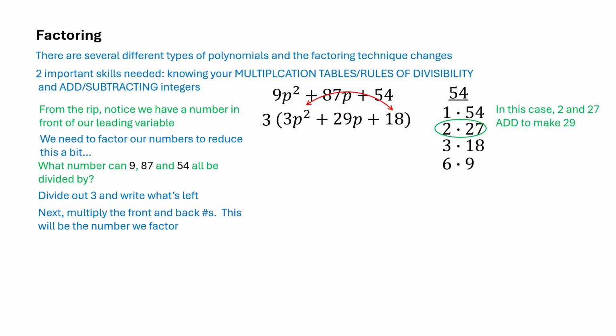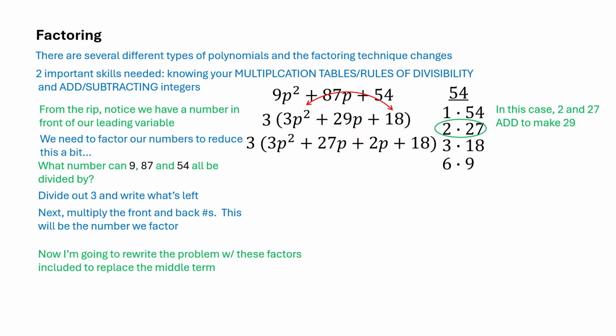In this case, 2 and 27 add together to make a 29. All right, now I'm going to rewrite the problem with these factors replacing my middle term. So instead of writing 29p in the middle, I have 27p plus 2p, which represents those factors off to the side that were circled from before.